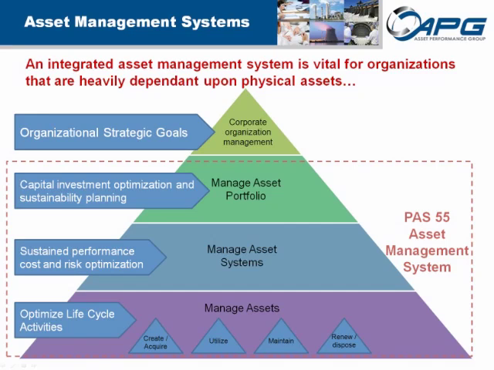Where is the organization going? From there, PAS-55 develops what they call the asset portfolio. What assets are subject to this goal or are going to contribute to this goal? Of that portfolio, what are the systems, and then within those systems, what are the assets, the individual assets?